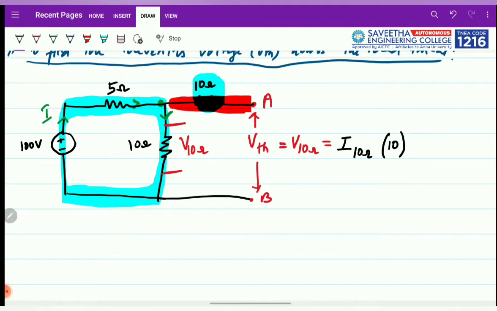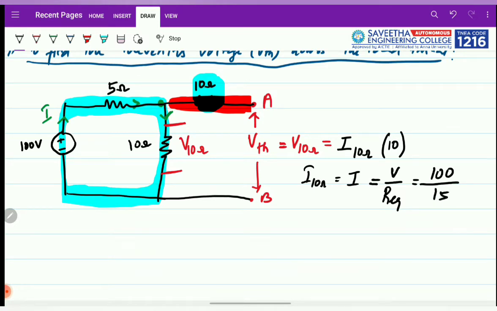So I through the 10 ohm resistance is equal to the total current, which by Ohm's law is the voltage divided by the total resistance Req. Here the voltage is 100 and R equivalent is 15.